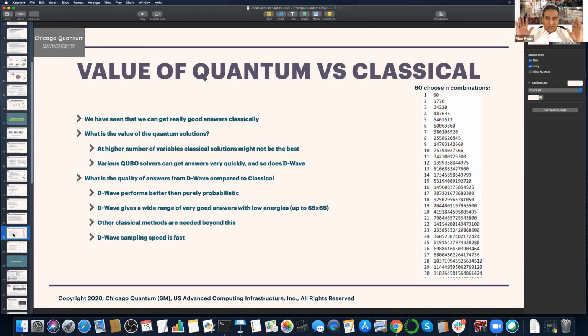So if you have 60 by 60, where 60 is your universe of assets that you're picking from, and you want an 11 asset portfolio, you have 3, 4, 2, 7, 0, 0, 1, 2, 5, 3, 0, 0 possible combinations. All right? That is a huge number.